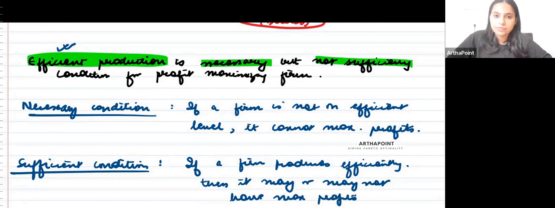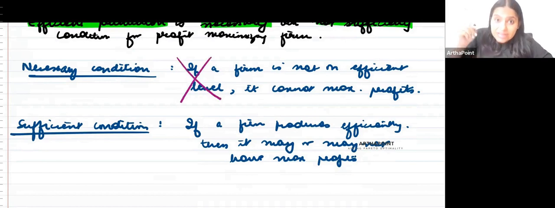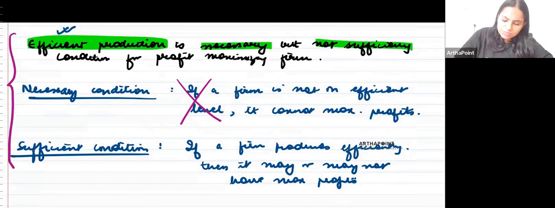Please understand this. I am saying that if it is not efficient, then definitely not profit maximizing, because it's not even efficient. But even if it is efficient, it can be a profit maximizing point or it cannot be a profit maximizing point. We'll come back to this point a little later.